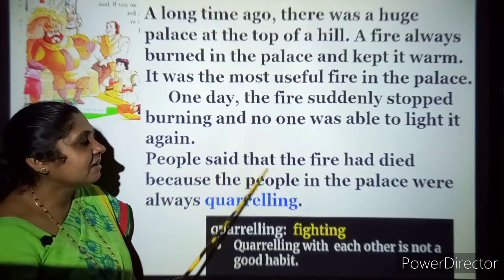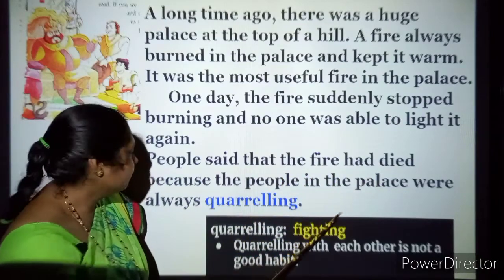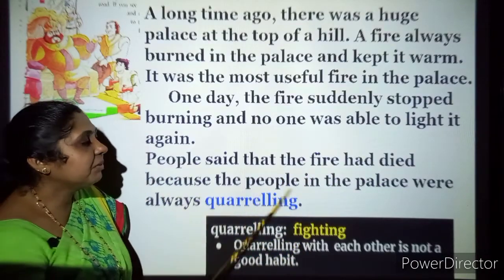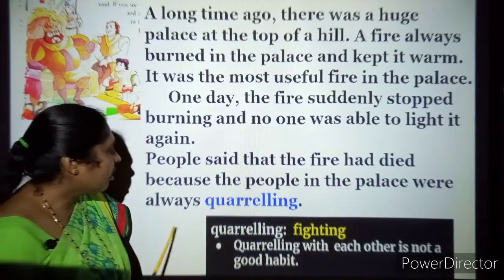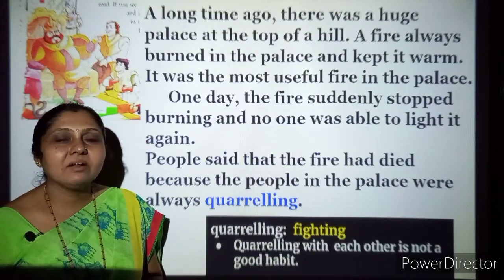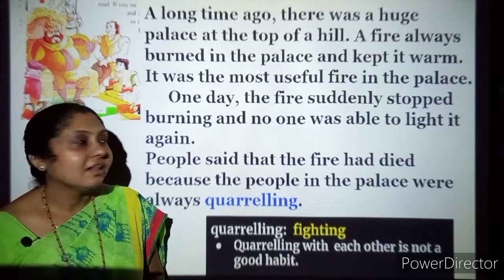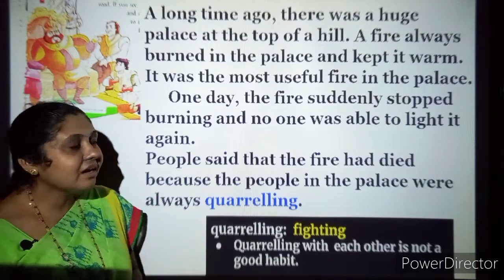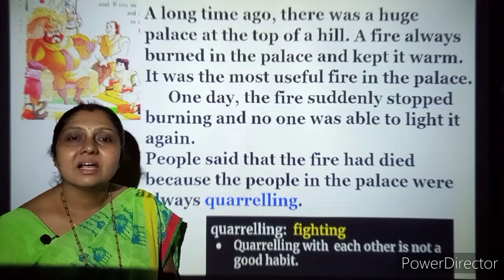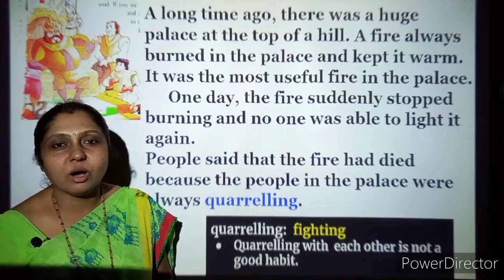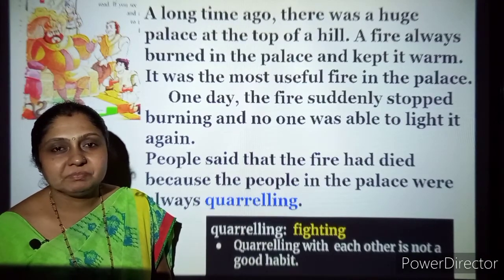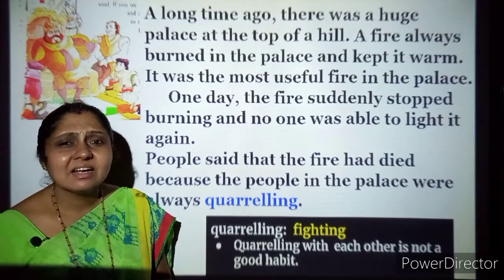People said that the fire had died because the people in the palace were always quarreling. So there was a discussion among the people: that the fire had died, means you cannot light it again at all.